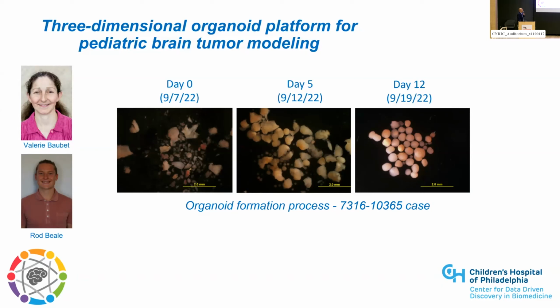This is a very unique case, which within 12 days obtained these very roundish bubble-like structures, which you can see by naked eye and under the microscope. There is no full diagnosis on that case.